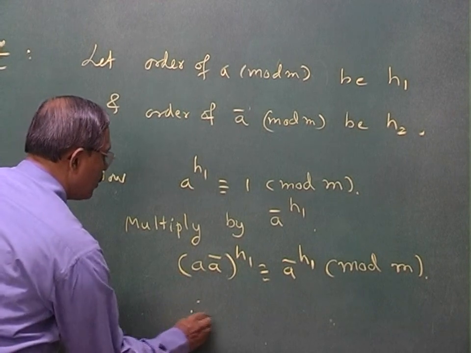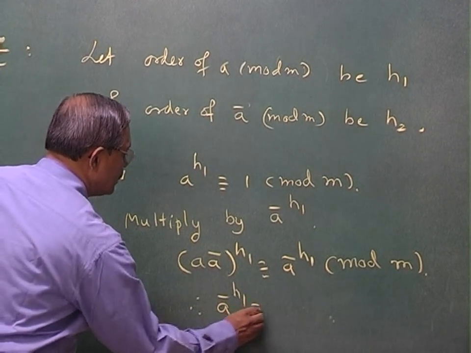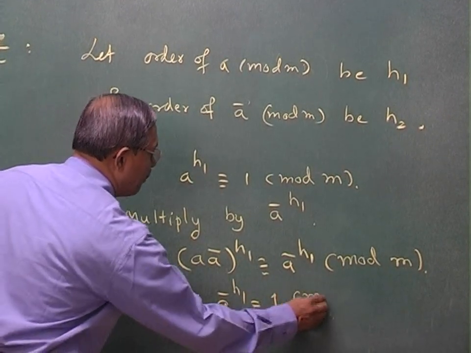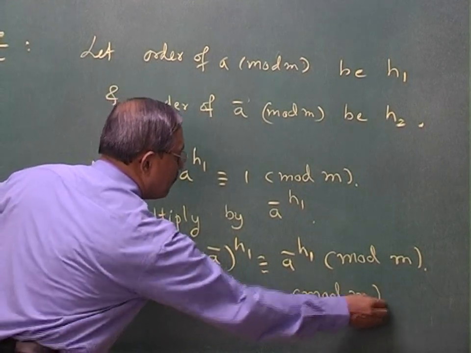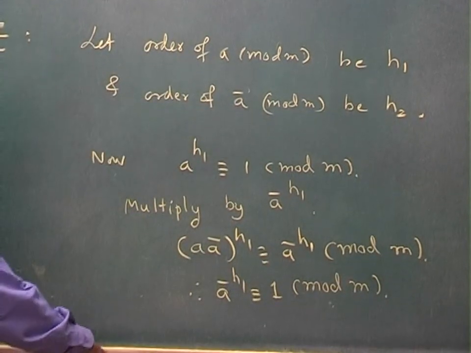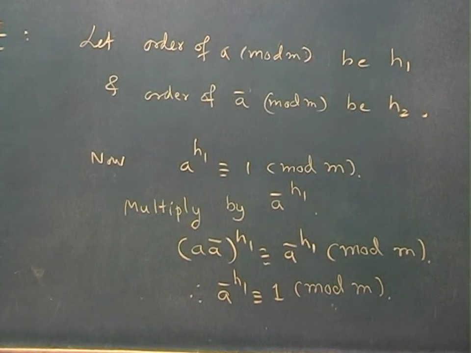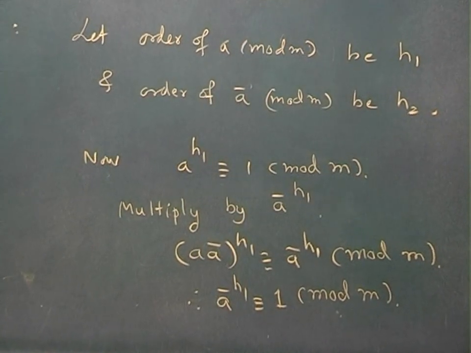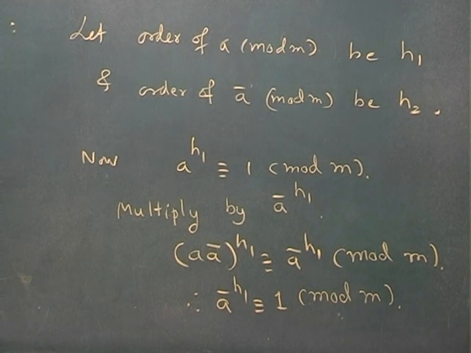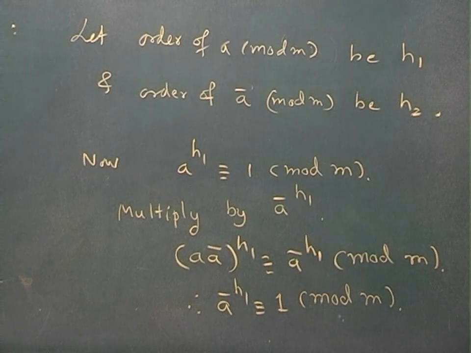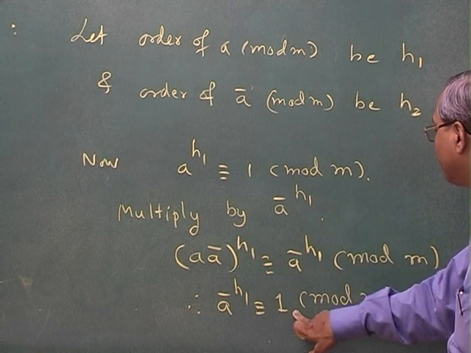Therefore, a bar raised to h1 is congruent to 1 mod m. Now, this is a power of the element a bar which is 1.